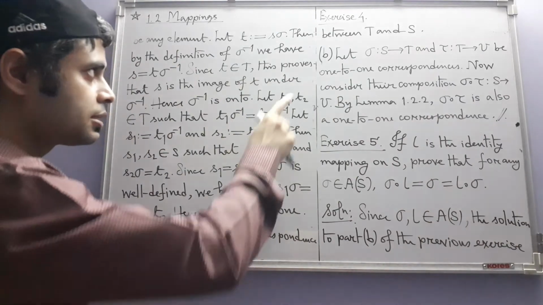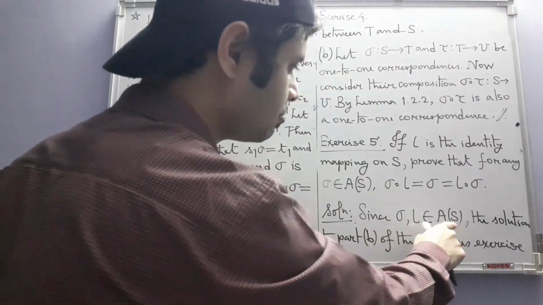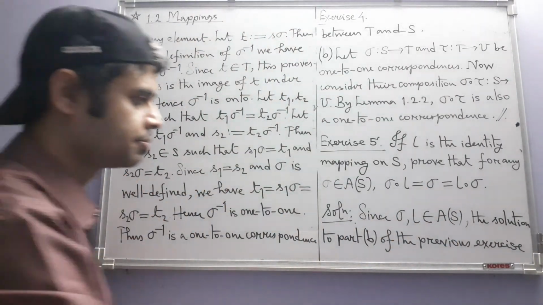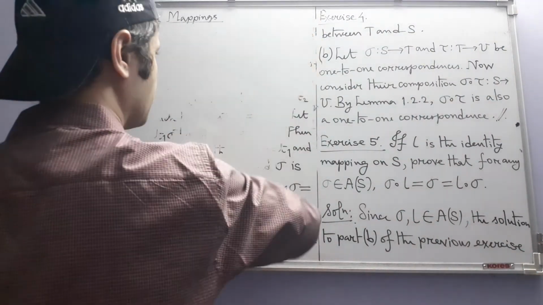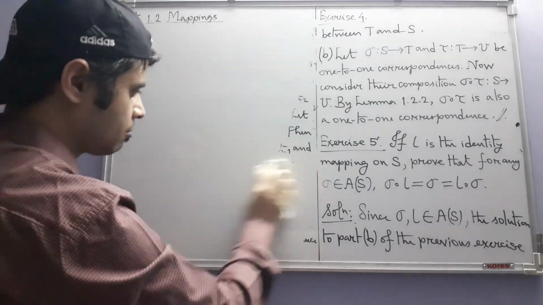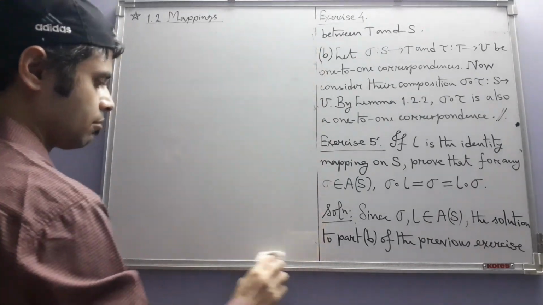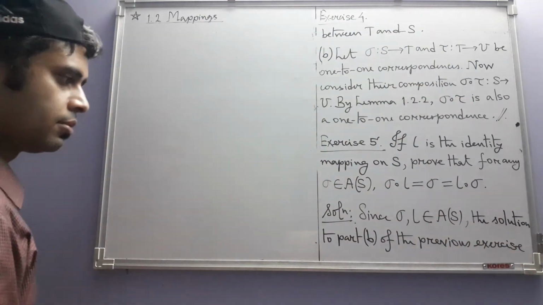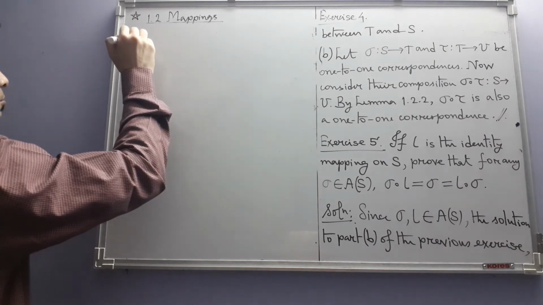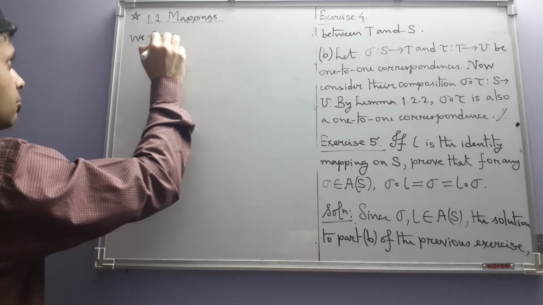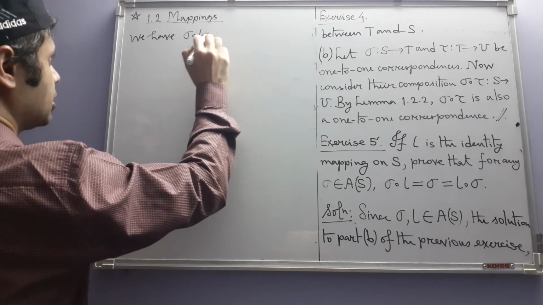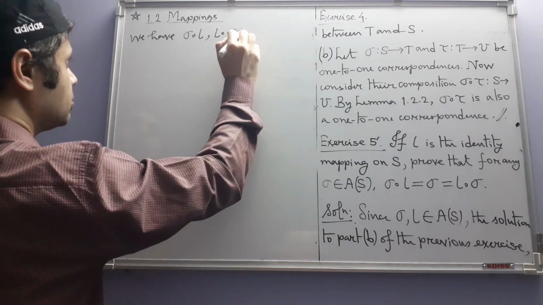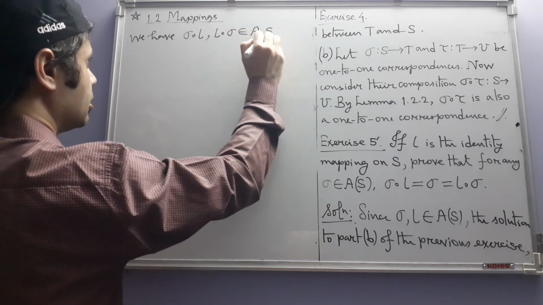In the previous exercise we had different sets, but now we have only one set, S. By the previous exercise we have sigma composition iota and iota composition sigma belonging to A of S.